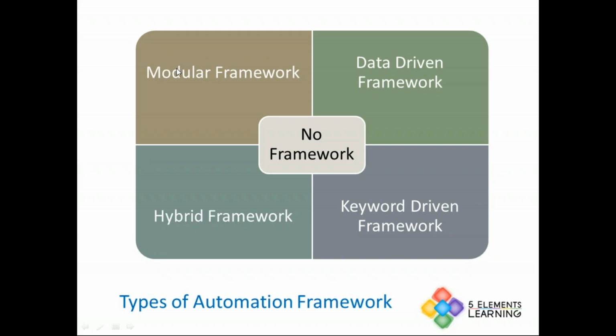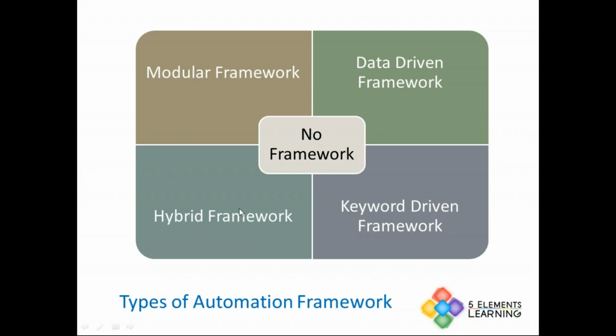Then we have a basic framework, which is the modular framework, where at least we have included modularity at the code level. So the repetitive code is created into functions and is being called. Then we have a data driven framework. In a data driven framework, we are reading information from external data sources.